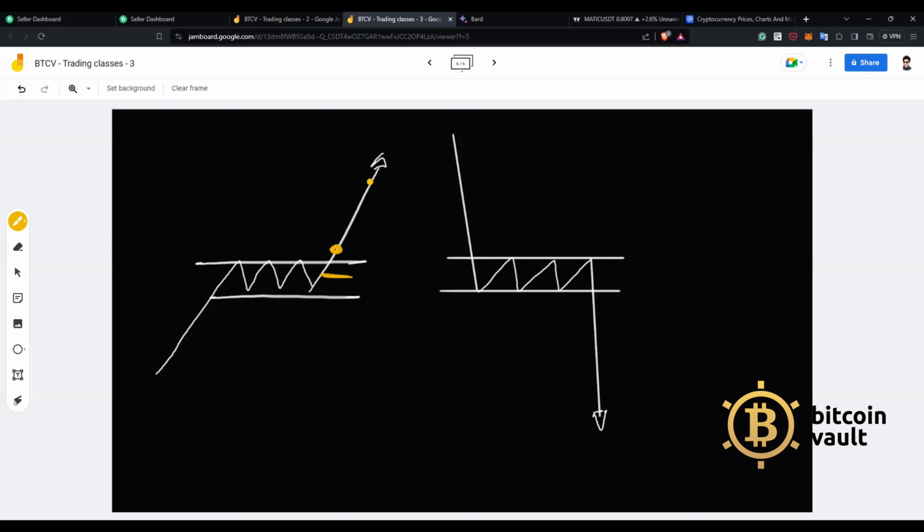There is one way you can calculate: you can calculate the length of this particular rectangle, and then project it right here. But in that way, you won't be able to make as much money as possible. So what I generally do in this kind of case is wait for the market to move up. You just keep your eye on the screen and look at your trade.